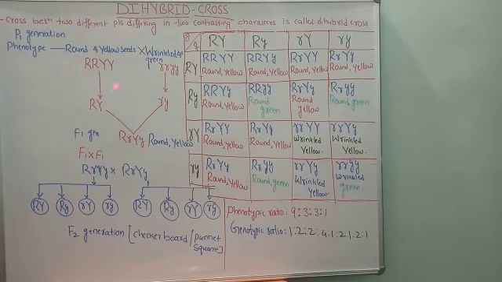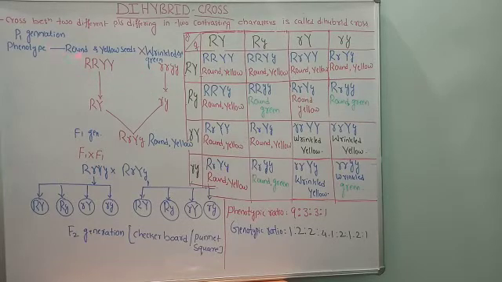In the parental generation, a plant producing round and yellow seeds is crossed with a plant producing wrinkled and green seeds.